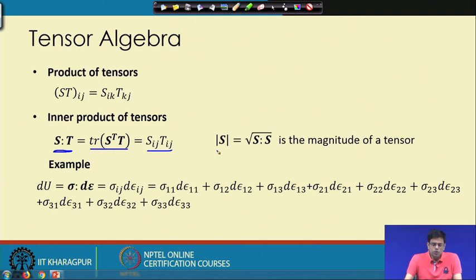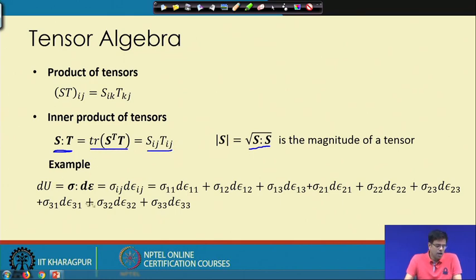Now the magnitude of a tensor, for instance the magnitude of a matrix, is the inner product of the matrix with itself and the root of that, like for a vector. So S contraction S and the root of that. Since trace is a scalar quantity, this quantity is actually a scalar.